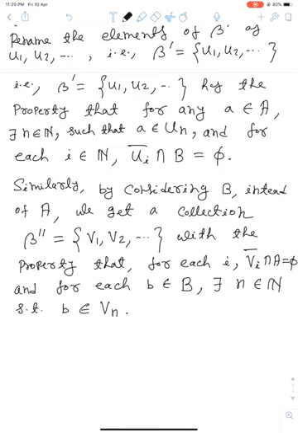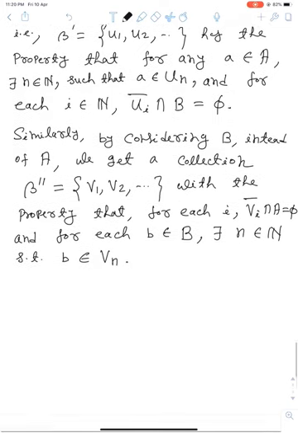So we can find this kind of beta double dash subset by doing the same, just replacing A by B and B by A. So up to this part is done.